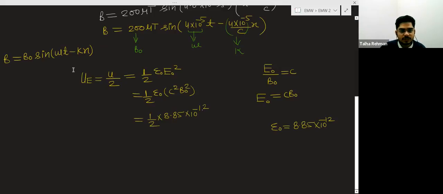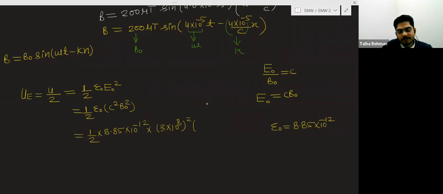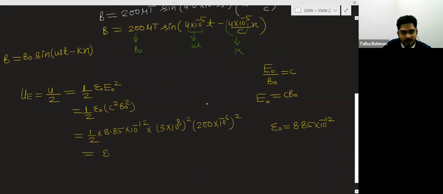And what is the value of c? c is 3 into 10 to the power 8, so c square means 3 into 10 to the power 8 squared. B naught is 200 micro Tesla, 200 into 10 to the power minus 6 Tesla, and the square of this. When you solve this, you will get 8 into 10 to the power minus 3 joule per meter cube.